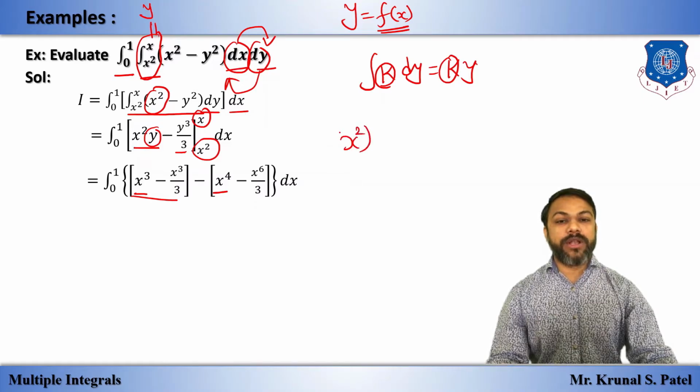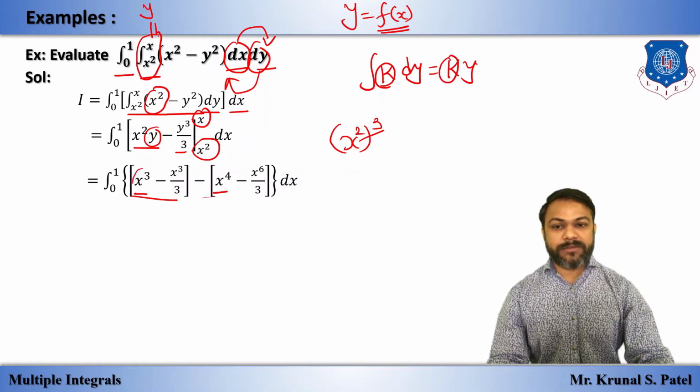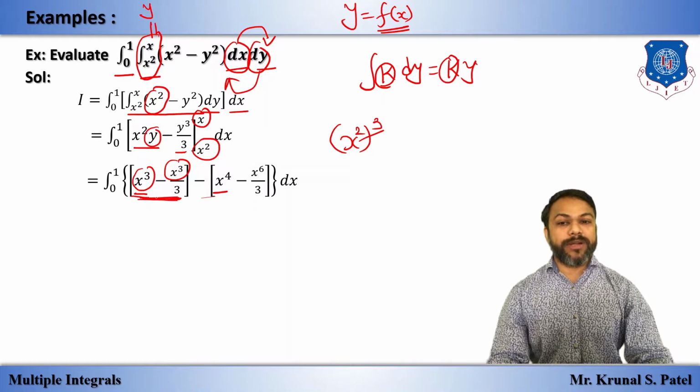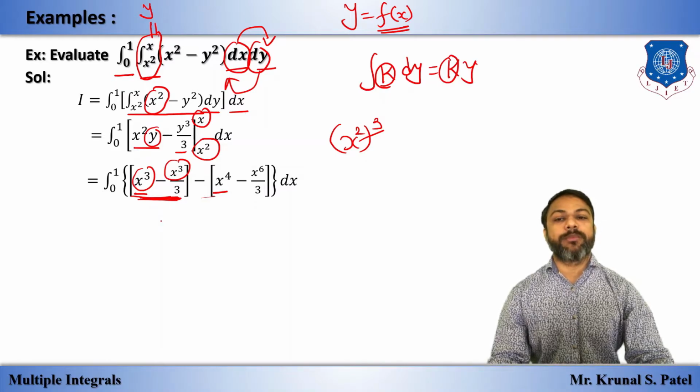Power raised to power, multiplication of powers, which is 6. So x to the 6 and this 3 as it is. Now we open this bracket. We have this x cube with the same power, so we can calculate this by taking LCM. 3x cube minus 1x cube is 2x cube by 3.